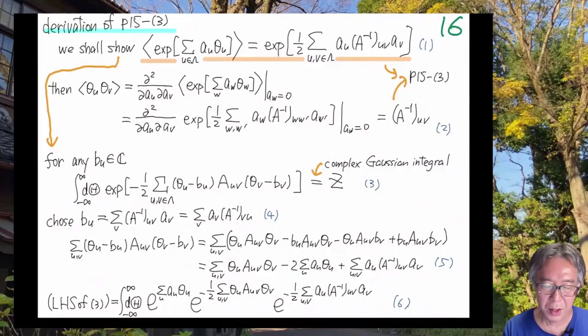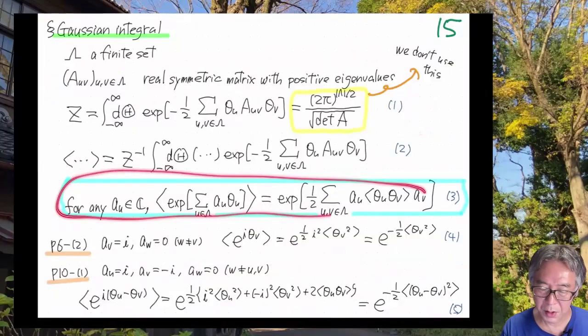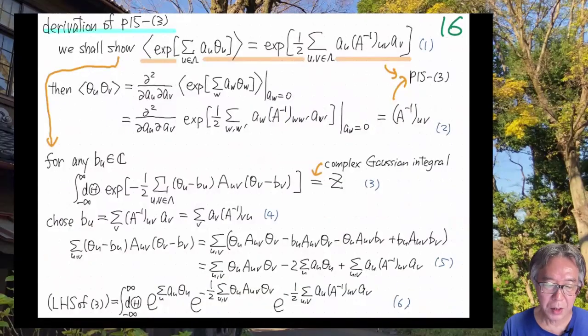By using this, you will easily find that this is the UV component of A inverse. But once you have this, then you can substitute this here, and you can replace this with theta u theta v, and then we get this equality. So how do you prove this?